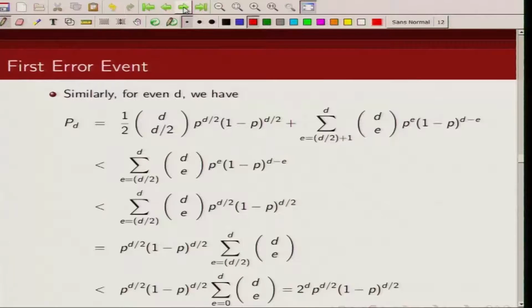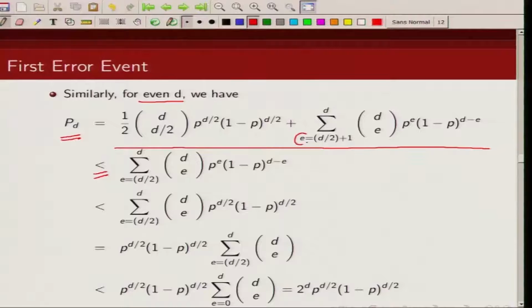Next, let us do the same thing for even d. For an even d, the expression for first event error is given by this expression. The first thing I did was upper bound this by changing this exponent from e by 2 plus 1 to e by 2. Note that in this expression, when the error pattern is d by 2, I considered a 50% probability of making an error.